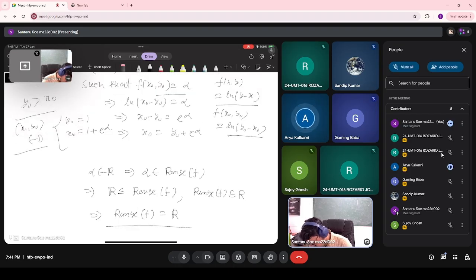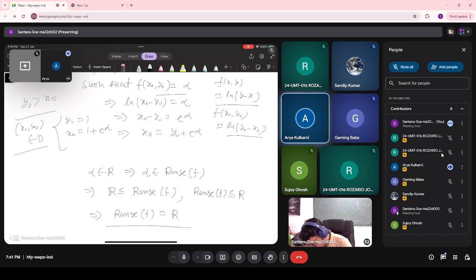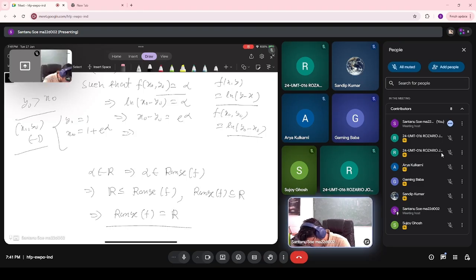Sir, how do you know that alpha belongs to R? Wait. From here, y0 will be x0 minus e to the power alpha. So if you take x0 to be 1, then y0 will be 1 minus e to the power alpha, and f of 1 comma 1 minus e to the power alpha will be alpha.